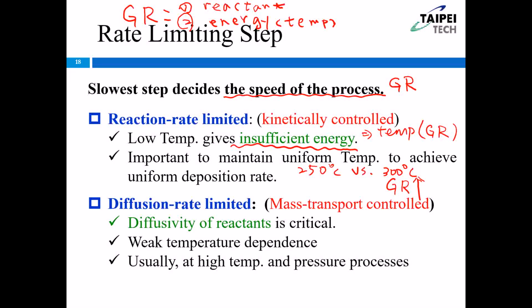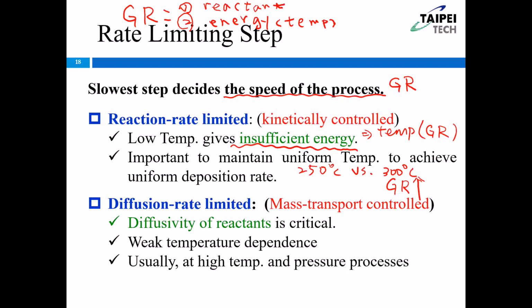Because right now we already have a lot of reactant, we don't need to consider the reactant, but we don't have sufficient energy. So the temperature will determine the growth rate. So you can just increase the temperature, then the growth rate can be enhanced.